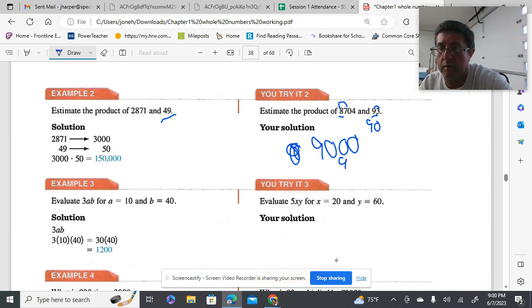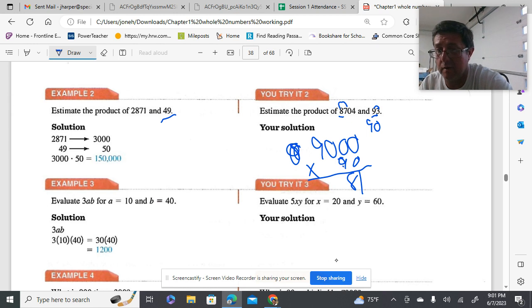So we would go 90 times 9,000. So we would take 9 times 9 is 81. I'm not doing this correctly, but this is why you estimate and round, because it's easier.